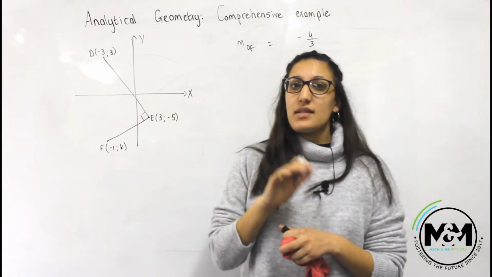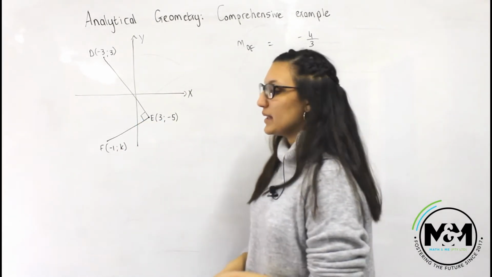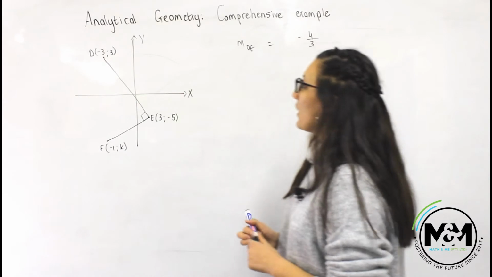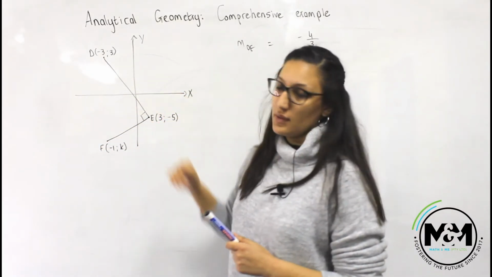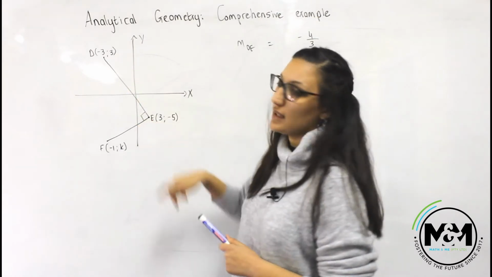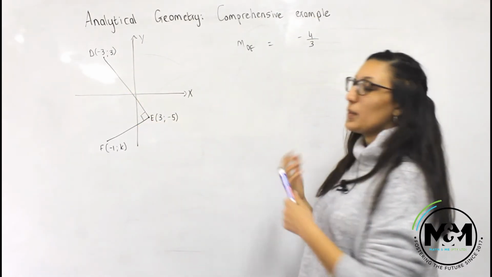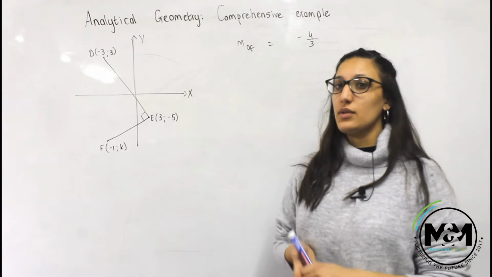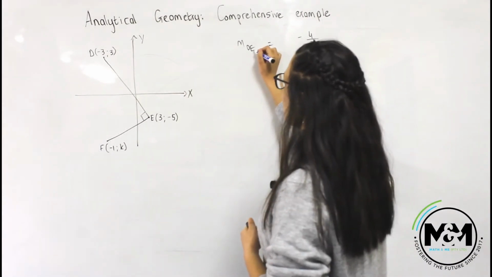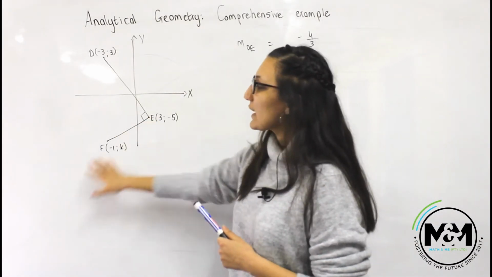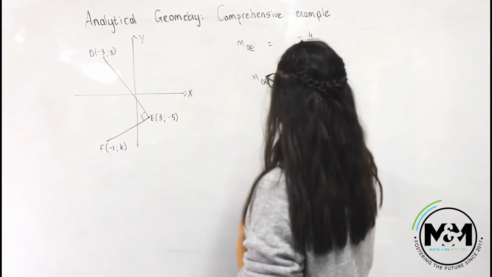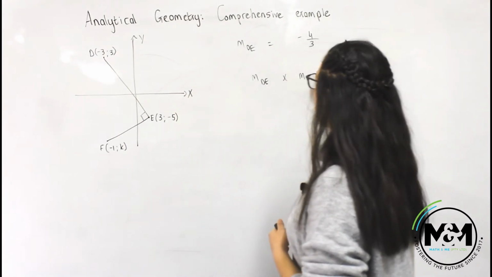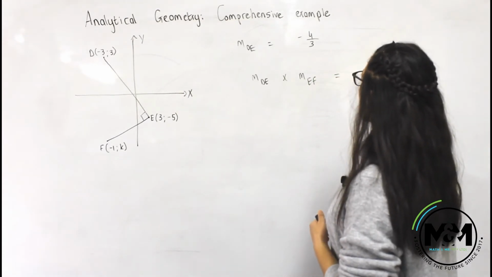From our previous videos, we know that when two lines are perpendicular to each other, i.e. when it's 90 degrees, then the product of the gradients must equal negative 1. So therefore, if I want to find the gradient of EF, then the gradient of DE times the gradient of EF must equal negative 1.